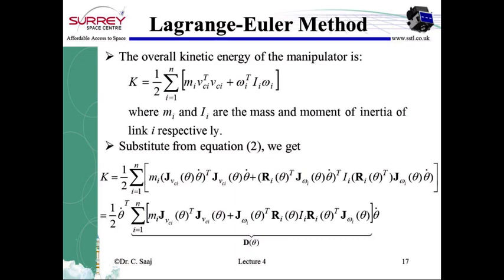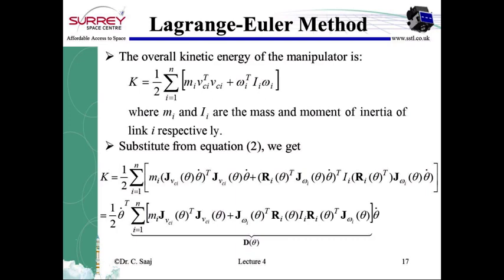You have to be careful when you take the transpose of this product term. Generally, if we have a product AB and you take the transpose of that product, AB whole transpose is actually B transpose times A transpose. We are applying that rule here to expand the expression for the kinetic energy.